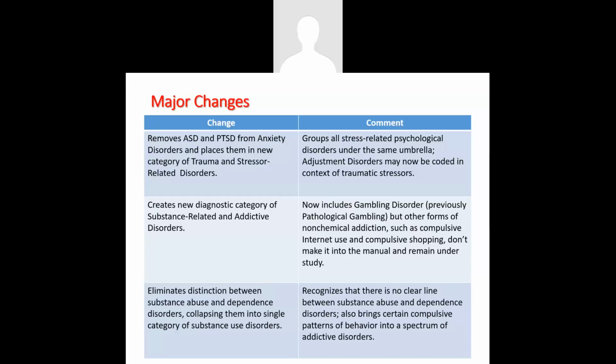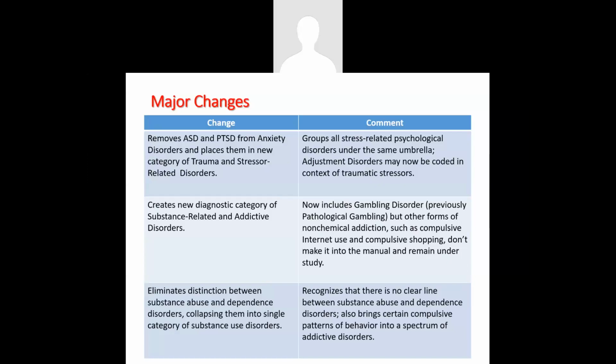So right now, all of that is still lumped under PTSD. But as a clinician, you're going to know that your treatment is going to be very different depending on what kind of trauma took place.